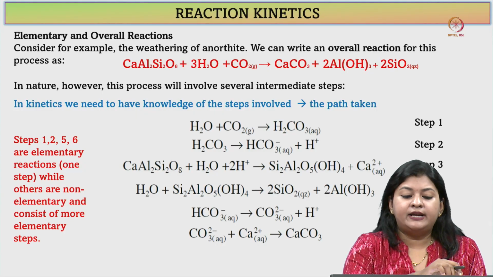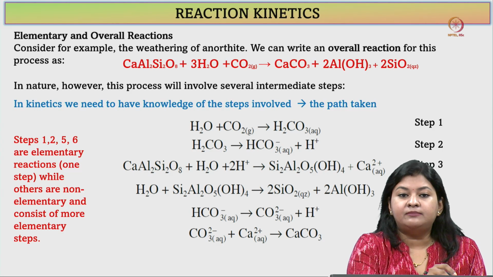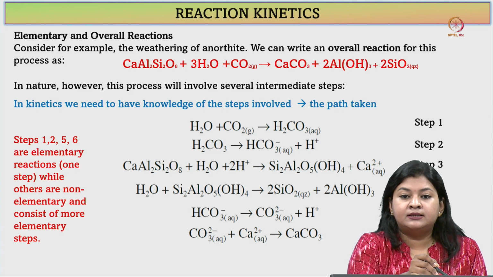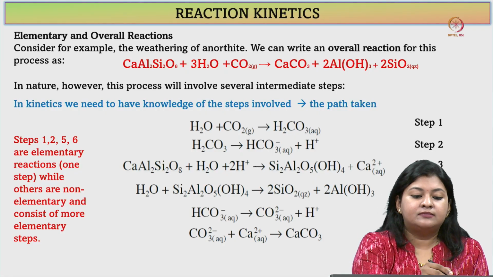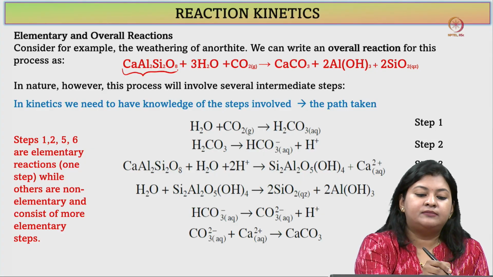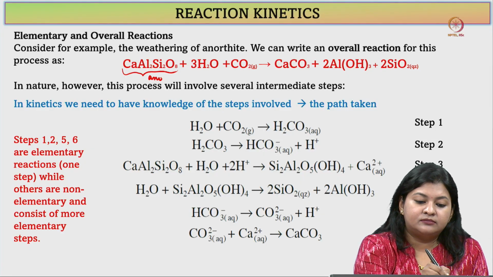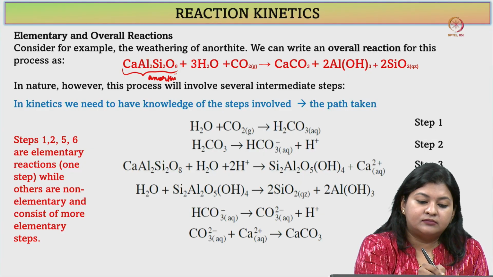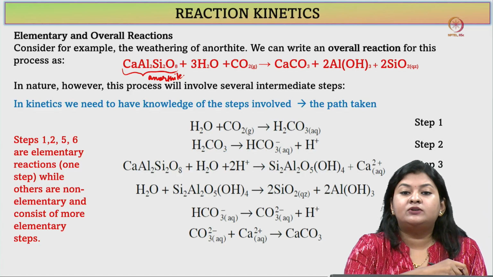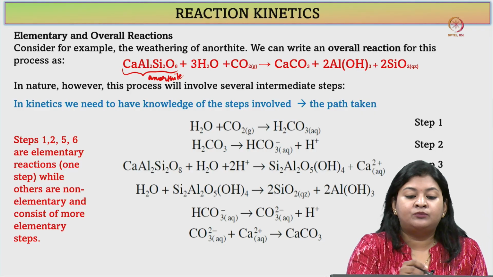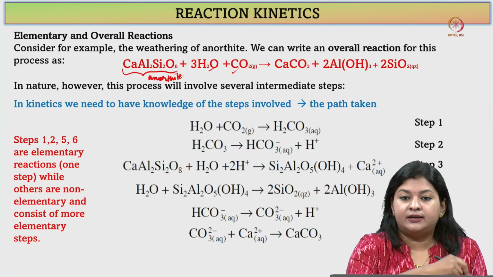The overall reaction we can write as calcium aluminum silicate mineral, this is my anorthite, which is a mineral. It is going to react with water and carbon dioxide; it is weathering.